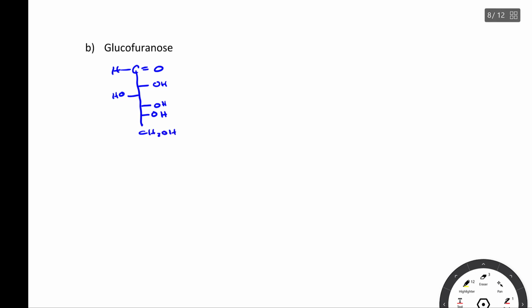So to make a 5-membered ring, again, you have to attack the aldehyde group. So we'll still call this 1. This will be 2, 3, 4, and then the oxygen is the 5th member of the ring. And so what will happen is you'll redraw a 5-membered ring. Now typically the furanose is drawn with the oxygen to the top, like this.